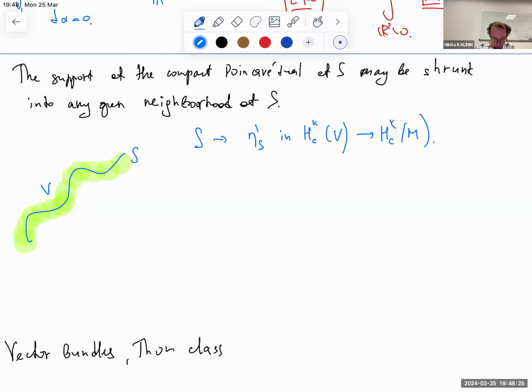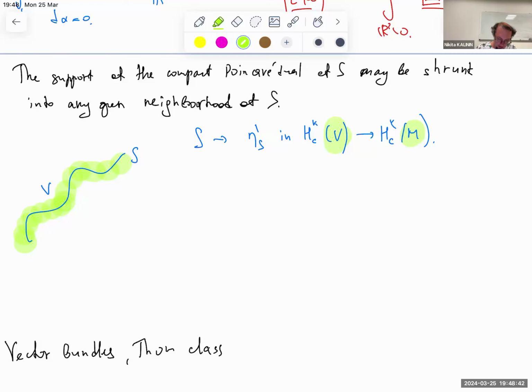When you integrate over S, you don't care whether S belongs to a neighborhood V or the whole M. So it doesn't matter for all the definitions and integrations.